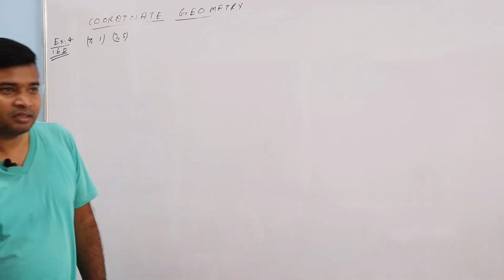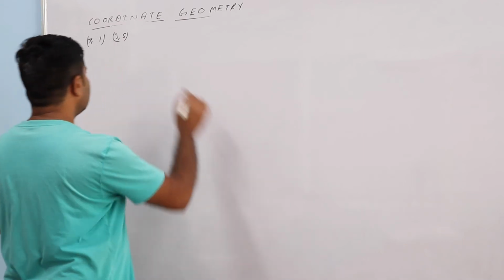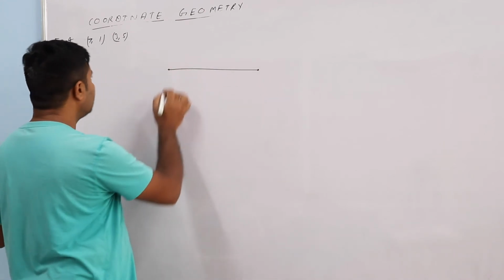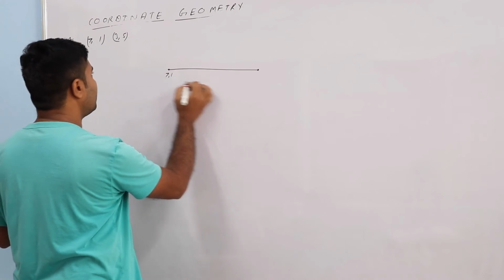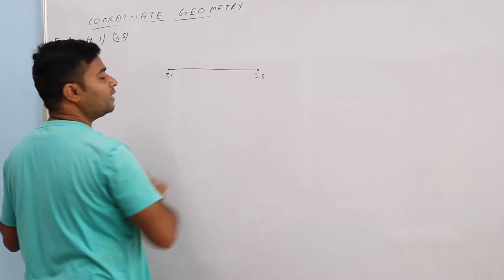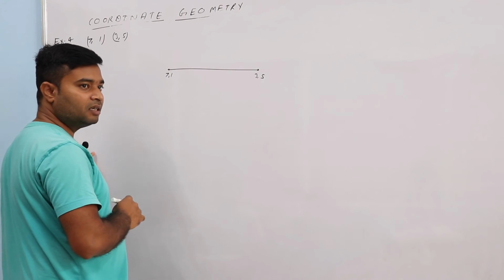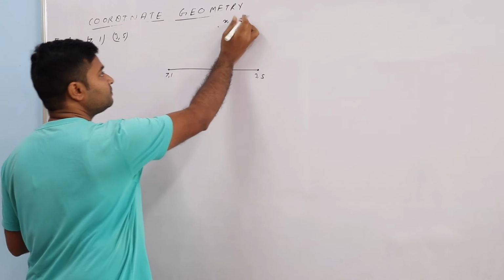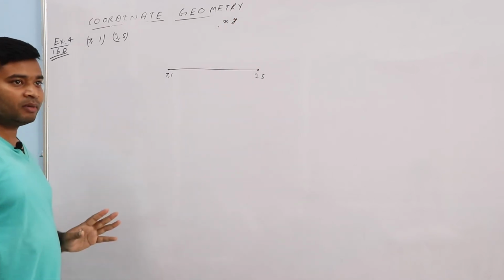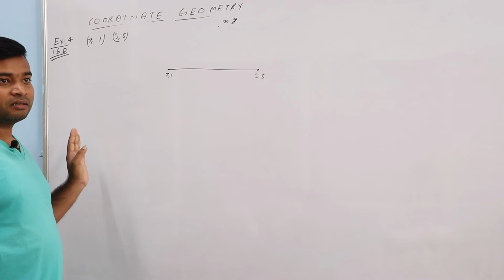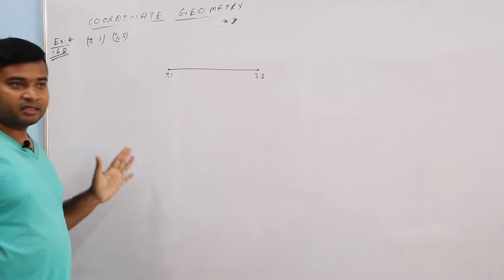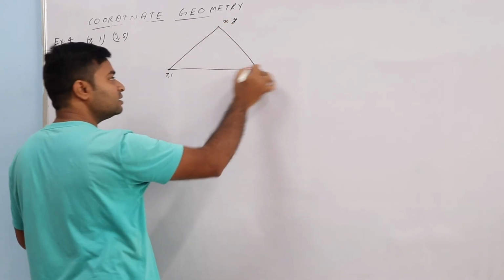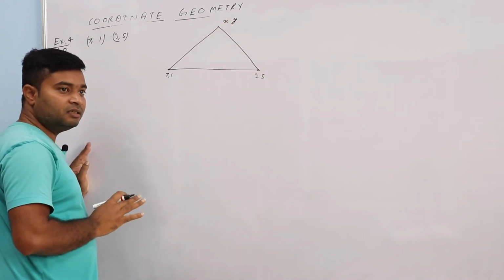Equidistant means, see, there will be some line, and the line coordinates are given, 7 comma 1 and 3 comma 5. Somewhere some point is there, x comma y, and it is equidistant. Equidistant means the distance from here to here and from here to here is the same.